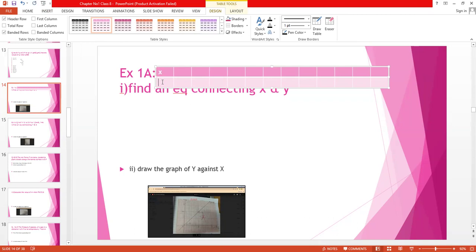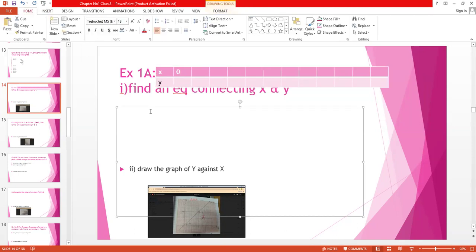On the top, I have to write x, and in the bottom, I have to write y. So firstly, I have to take the value 0. First, I have to write the connecting equation, that is the value of k is equal to 4. So when we have x equal to 0, this means the value of y is also equal to 0.